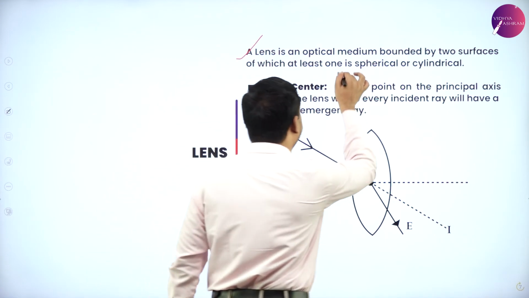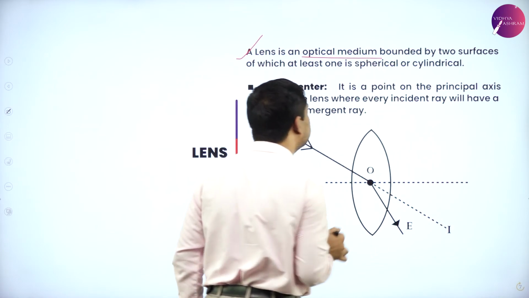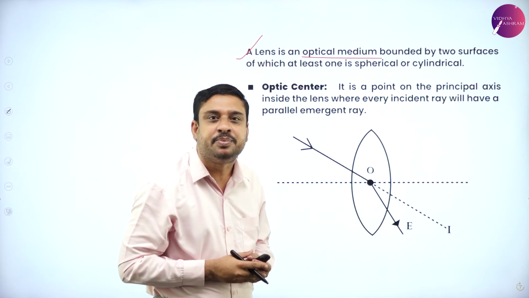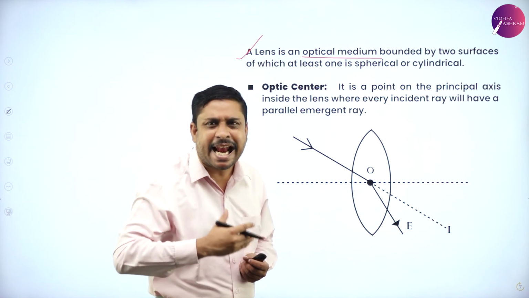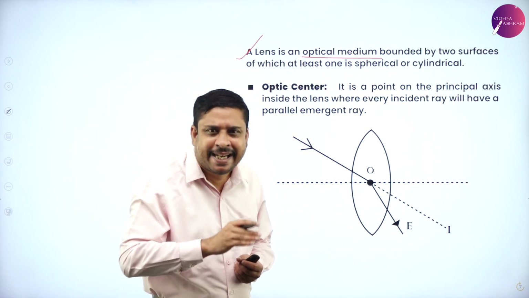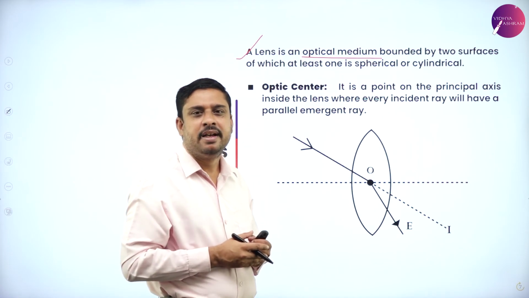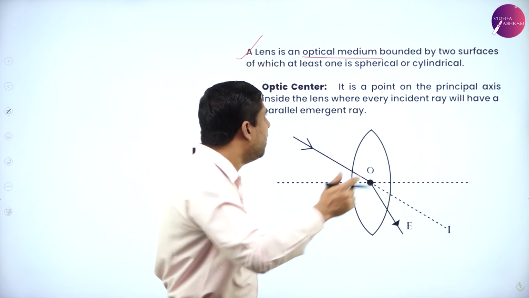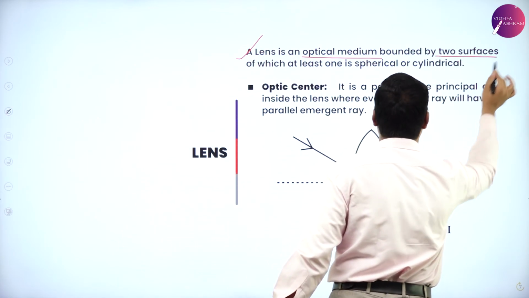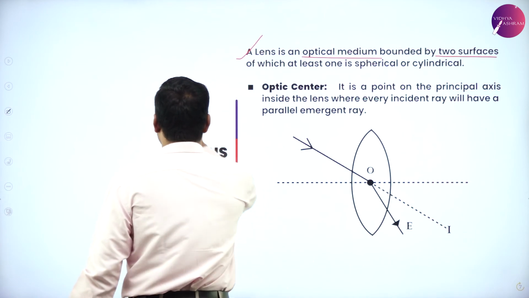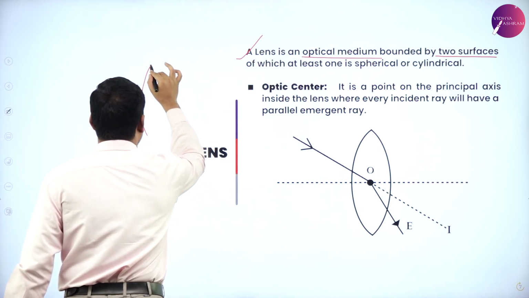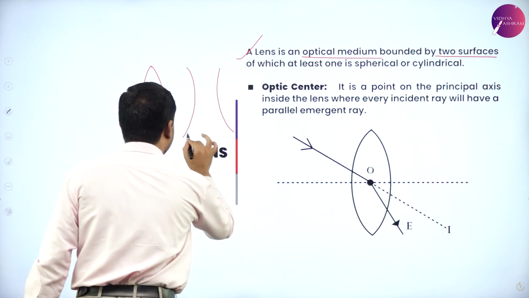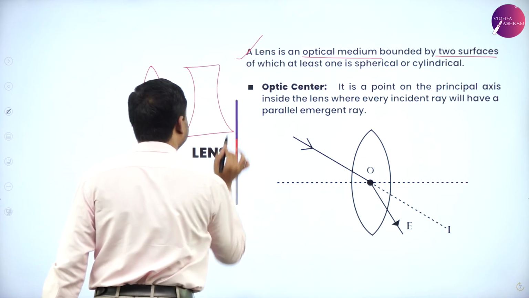The first thing, a lens is an optical medium, since it allows light to pass through it. It is made of glass. It has to be an optical medium bounded by two surfaces. See, this is a convex lens. This is a concave lens.